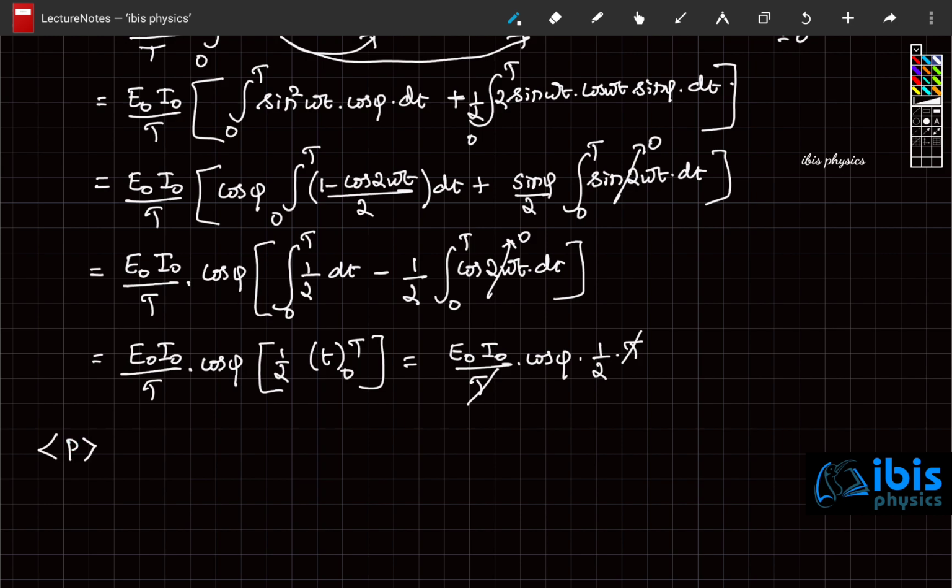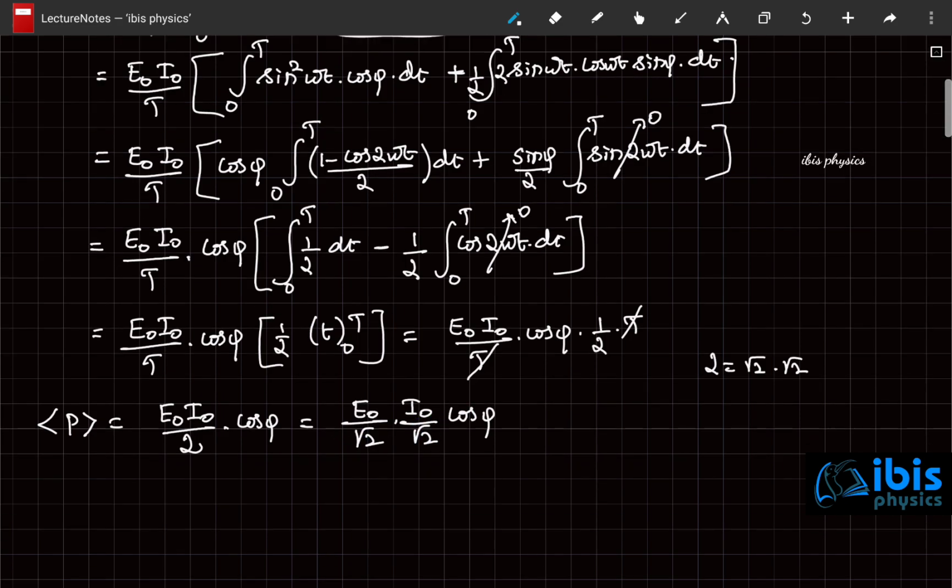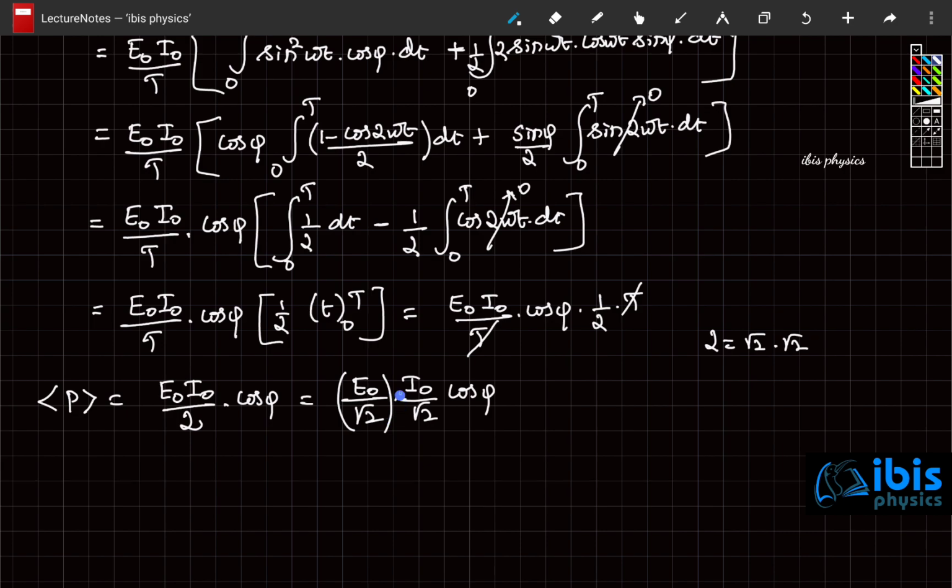So the average power dissipated in an AC circuit is E naught I naught by 2 into cos phi, which can be written with 2 as root 2 into root 2. So this is E naught by root 2 and this is I naught by root 2 into cos phi. We know that E naught by root 2 is ERMS, and I naught by root 2 is IRMS.